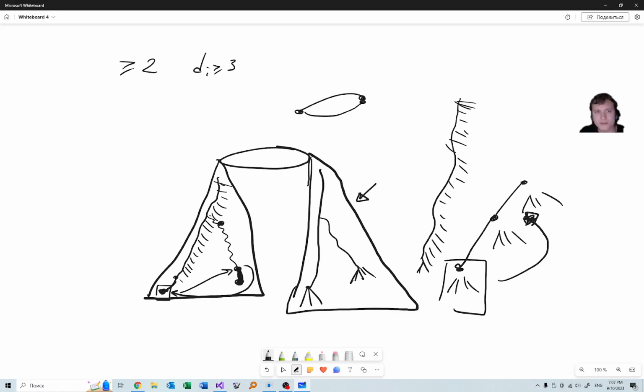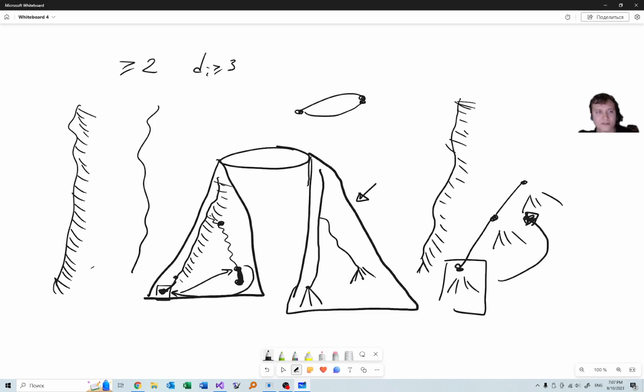So the problem is I have two trees which look like this. A long path with some pines here. I don't know. With some needles, I mean.